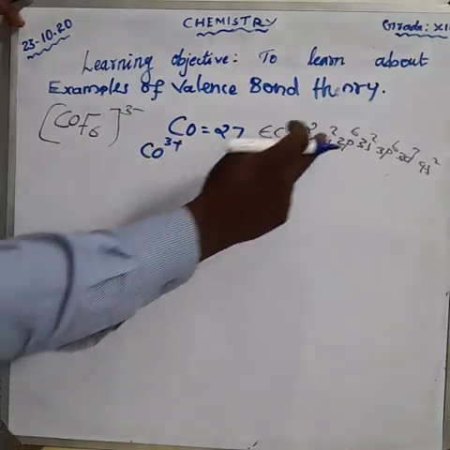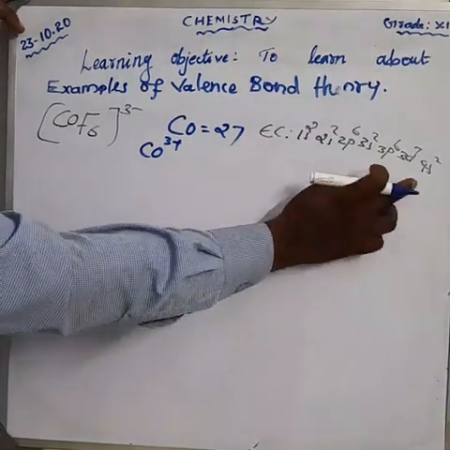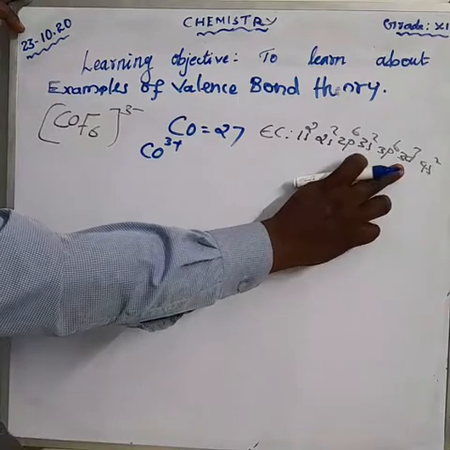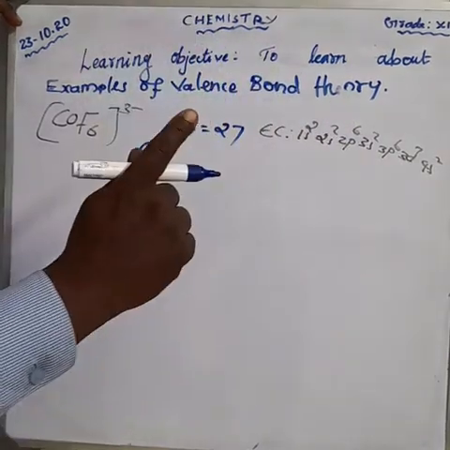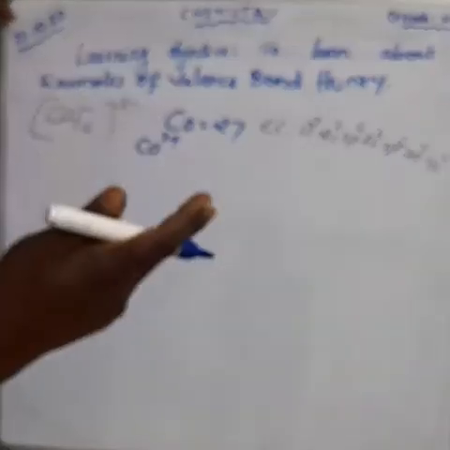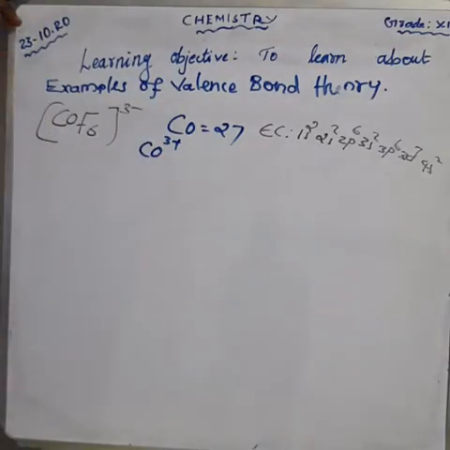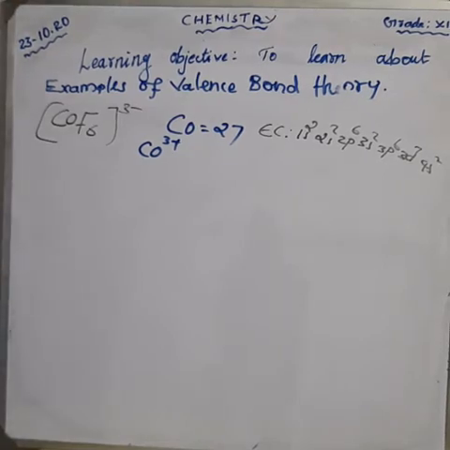Here loss of 3 electrons: 4s loses 2 electrons and 3d loses 1. So what is the configuration?